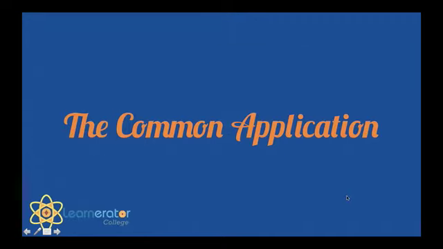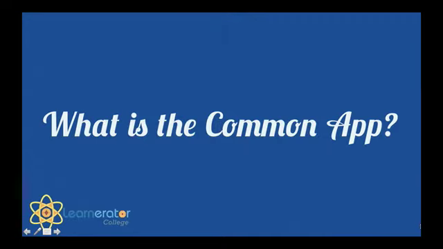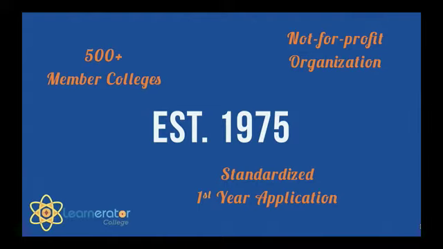Getting started, the Common Application is a universal application that's accepted by many colleges in the United States in today's day and age. Essentially, it was a way to really streamline the college application process.